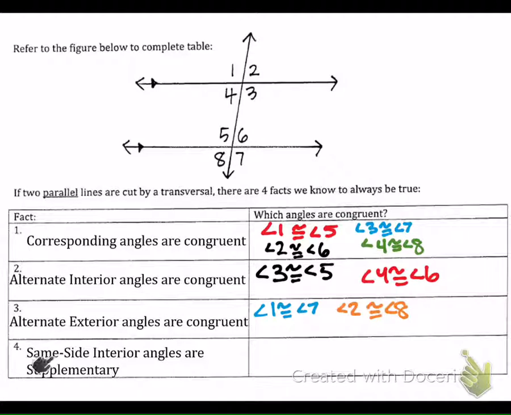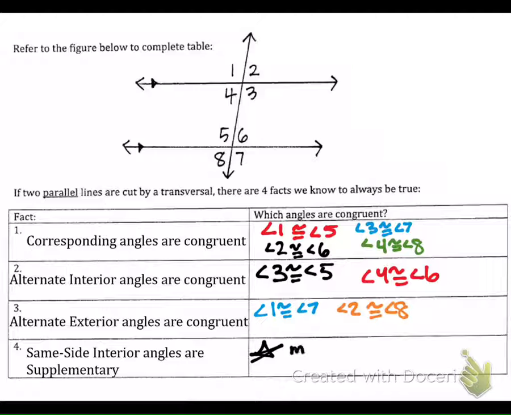The 4th fact we learned does not have to do with congruent angles, but the angles are supplementary. I still want to list them, though. So let's put a star here, because they don't really follow the directions, but it's still important. So give me a pair of same side interior angles. 3 and 6. 3 and 6 is one, 4 and 5 is the other.